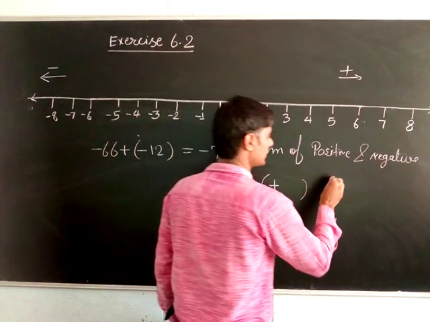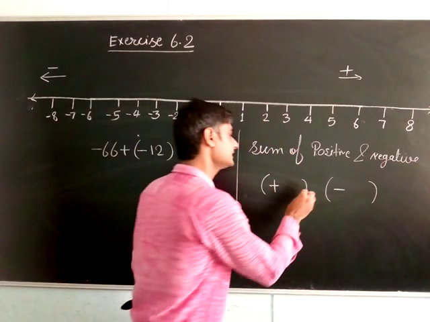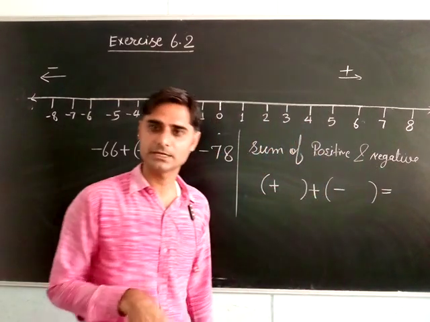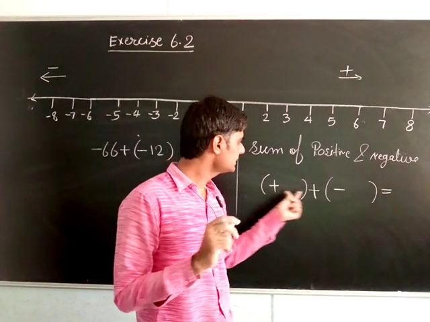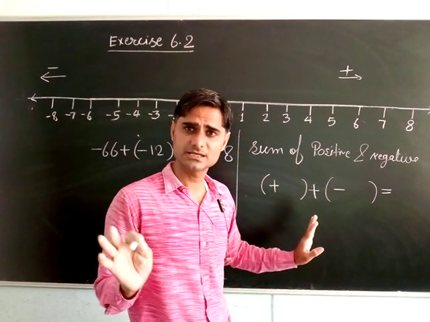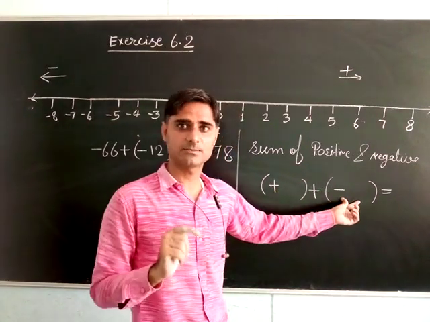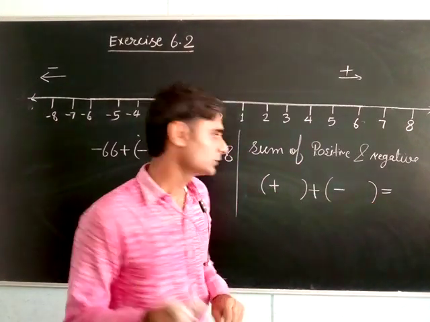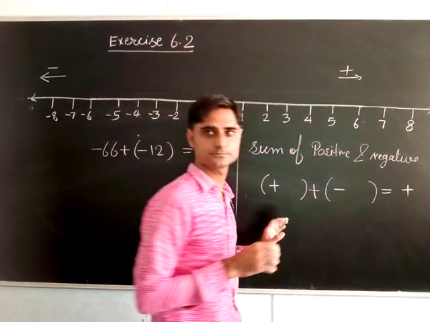Here we have another number that will be negative, and their sum will be equal to positive, negative, or any other thing. See carefully. If these numbers are different, having different sign, suppose this is greater number and this is smaller number. If this is greater, then answer will come in plus, positive.